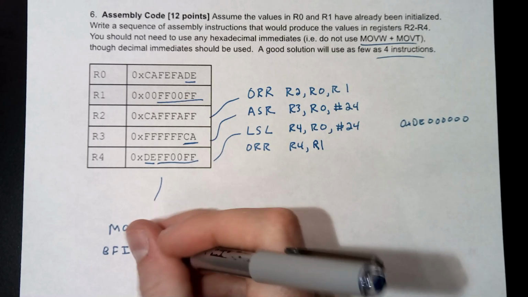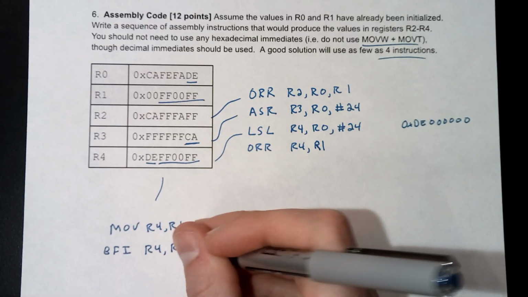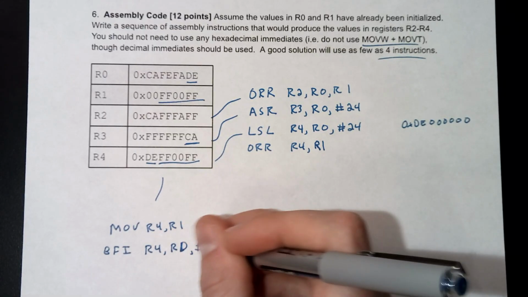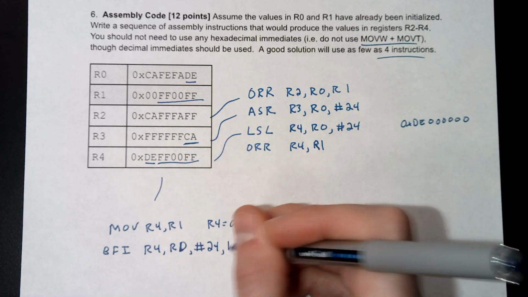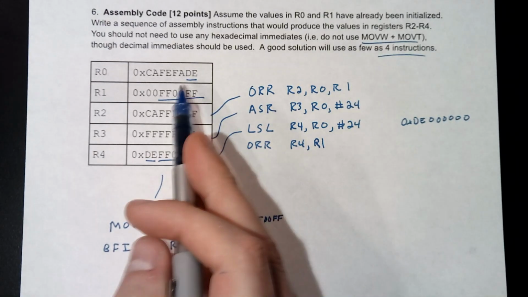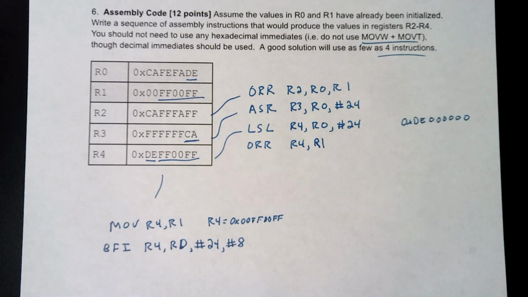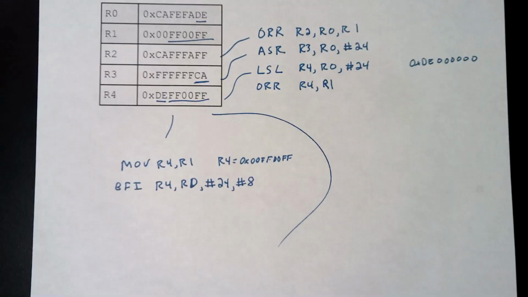So R4 is our destination, R0 is our source, the least significant bit we want to insert to is 24, and the size of the insert is 8. If you look at the BFI semantics, that takes those bits from there and moves them up to there.